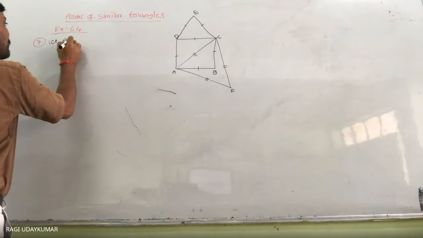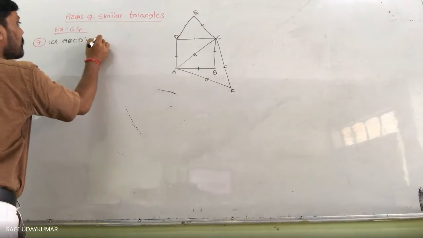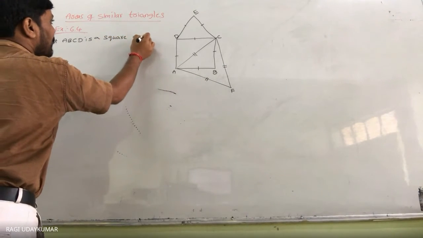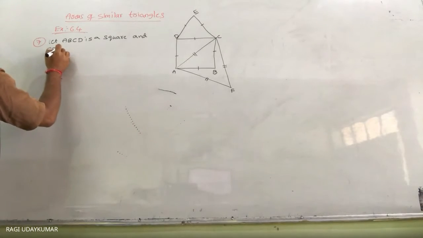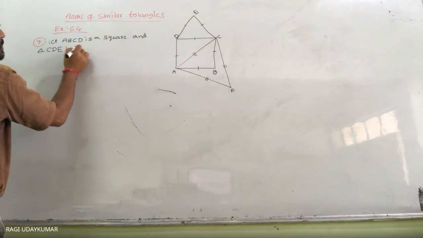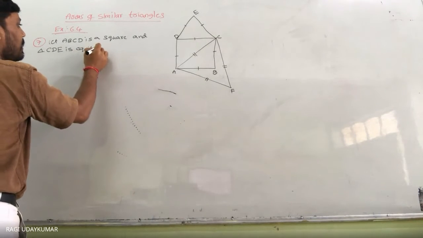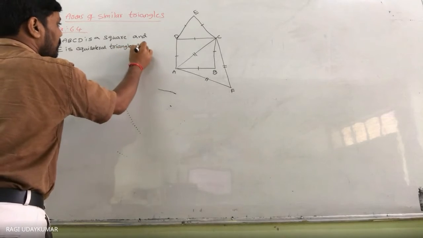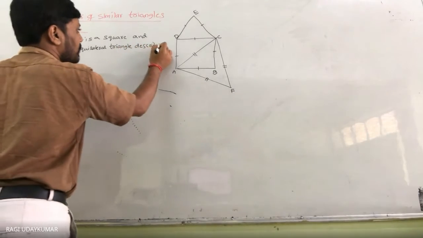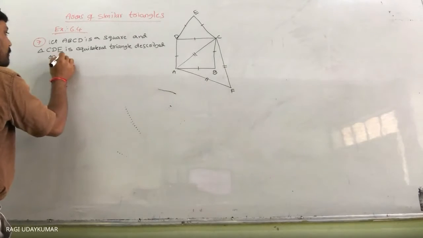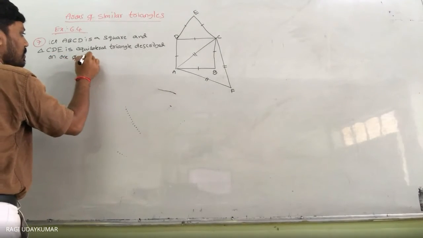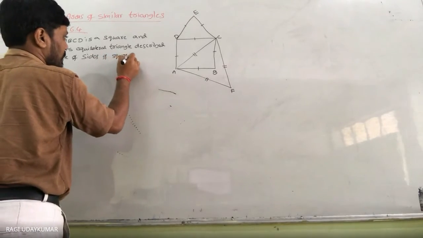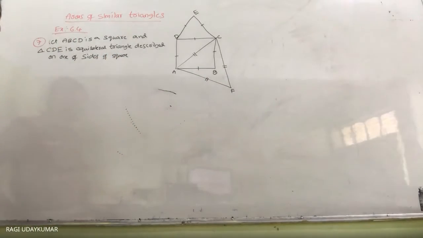Let ABCD is a square and triangle CDE is equilateral triangle described on one of the sides of the square. Okay.